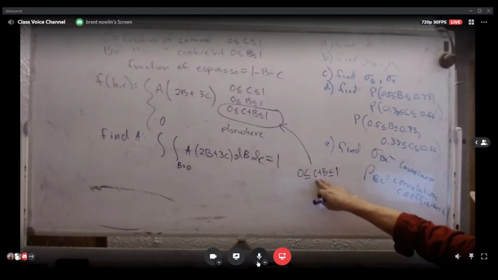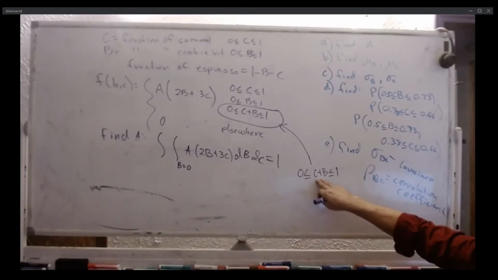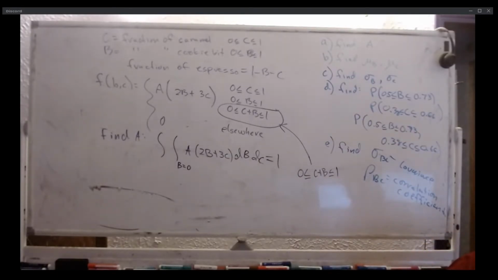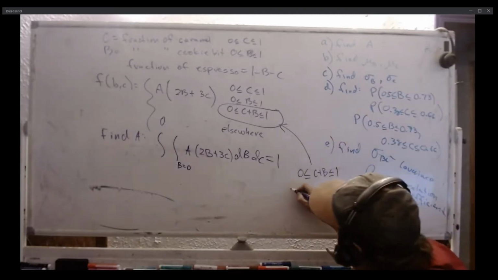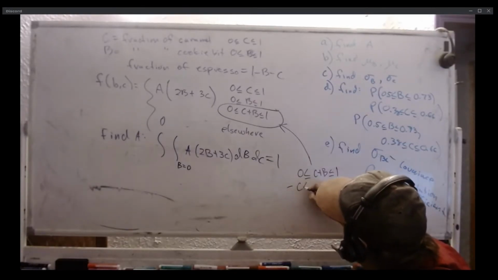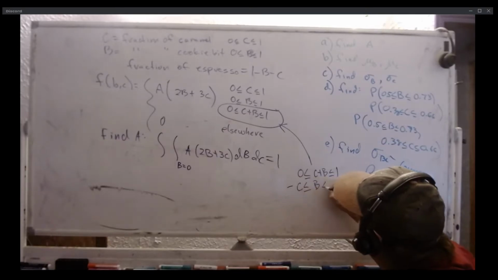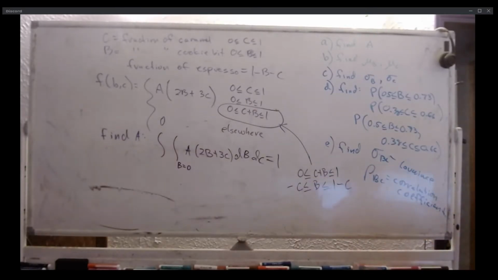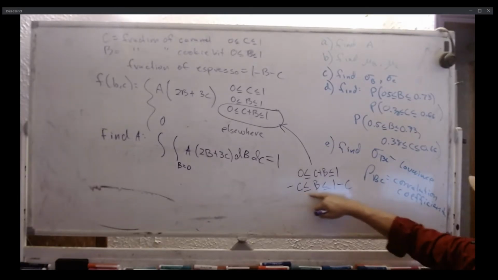Well, the algebraic thing to do is simply to subtract C out of every single term in the inequality. Do you see that? Subtract C through the whole shooting match. What do you get? Negative C is less than or equal to B, less than or equal to 1 minus C. Again, do you see this?